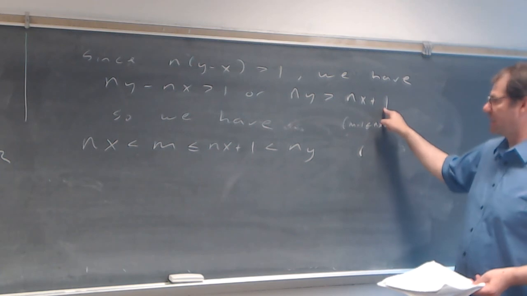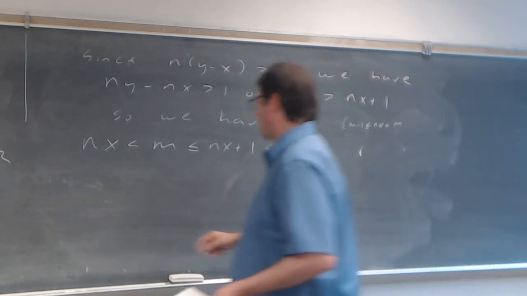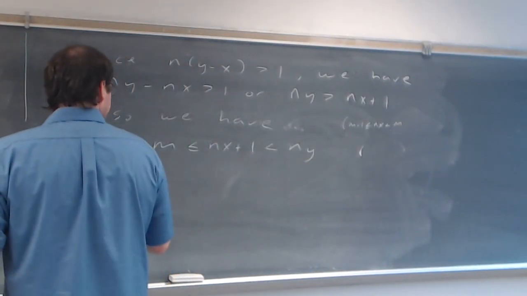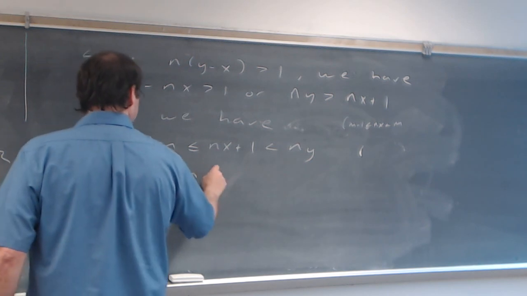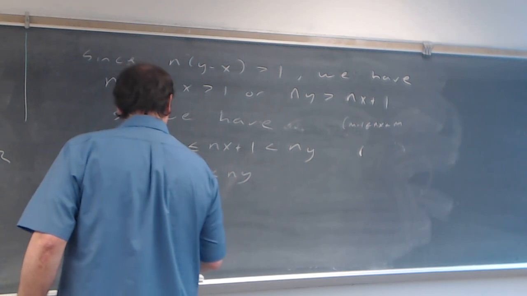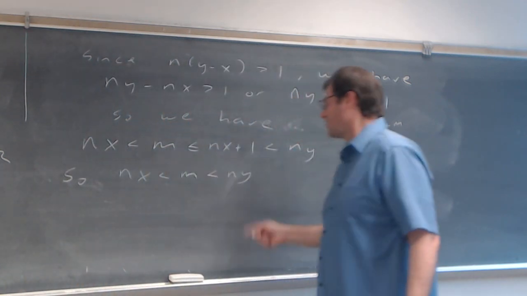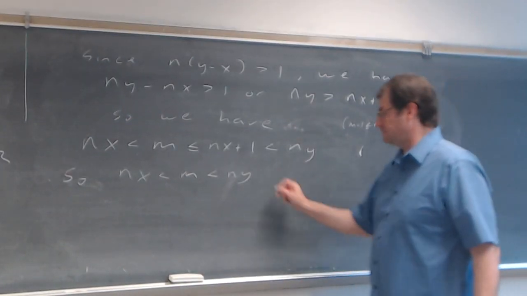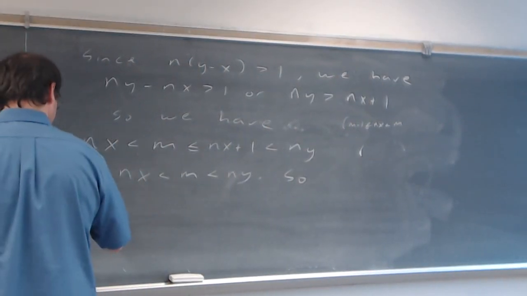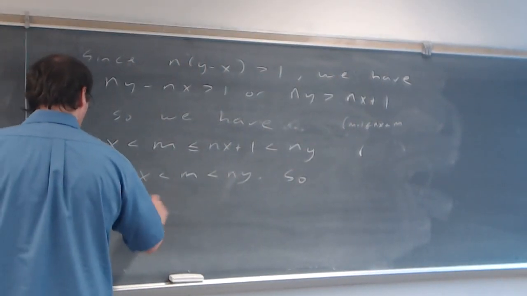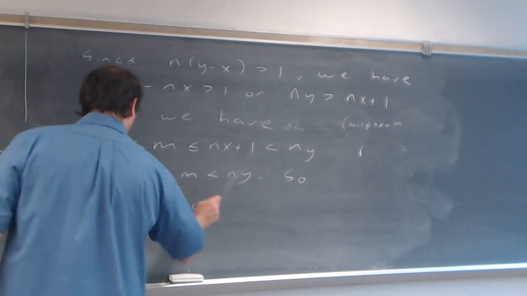And then we know nx plus 1 is greater than my. So here this says that nx is less than m is less than ny. Now, we can multiply everything by 1 over n, and n was a positive integer, so x is less than m over n, which is less than y.